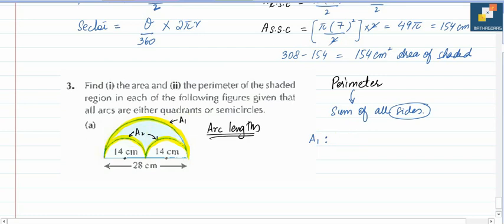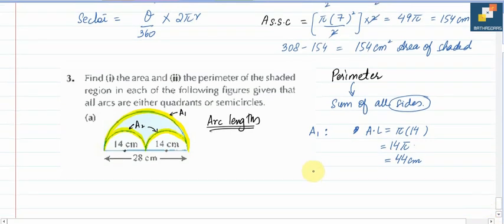Arc length of a semicircle is pi r, and the value of r for the larger semicircle is not 28. 28 is the diameter, its half is 14, so it is 14 pi, right? So 14 pi is 43.98, so it's 44 centimeter, right? That is the arc length of A1.